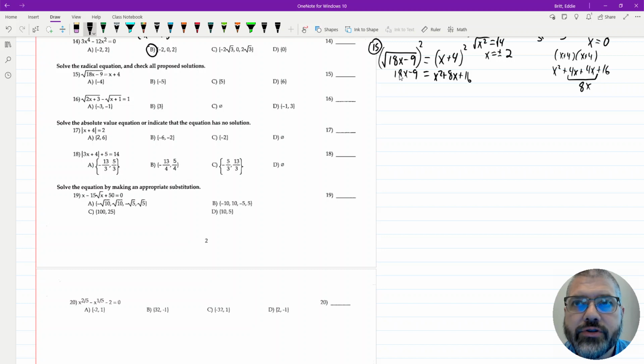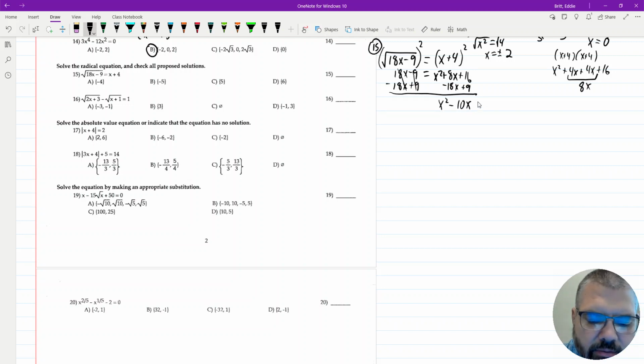So to solve a quadratic, you want to set it equal to 0 and then use whatever method is easiest for you. So I'm going to take these two terms on the left side, I'm going to subtract the 18x and add the 9 on each side. Subtract the 18x and add the 9. All right, so now I have x squared minus 10x plus 25.